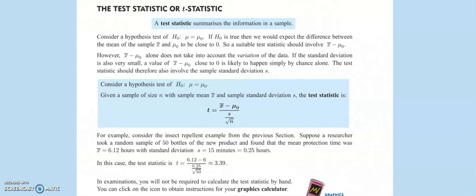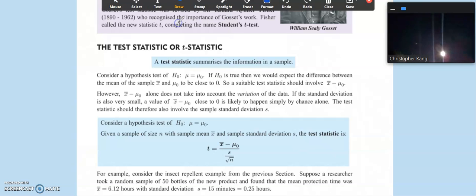Now, in this case, we're going to use something called a test statistic, or what we call a t-statistic, to summarize our information in the sample. Now, this t-statistic is what's going to help determine whether to accept the null hypothesis or reject the null hypothesis and accept the alternative hypothesis. Okay?